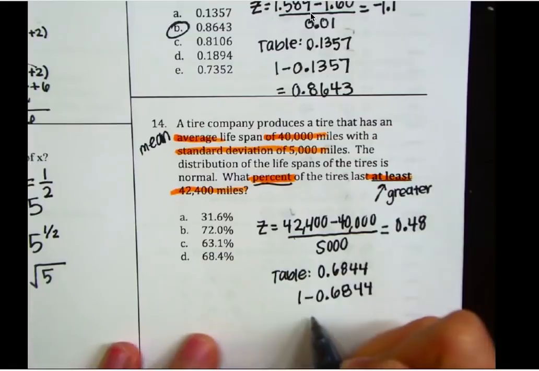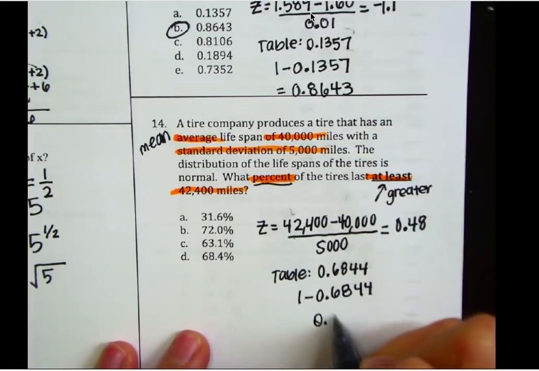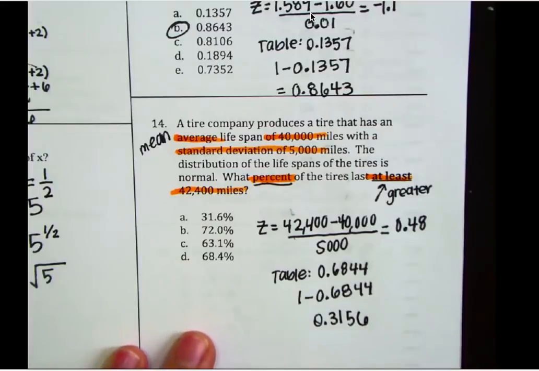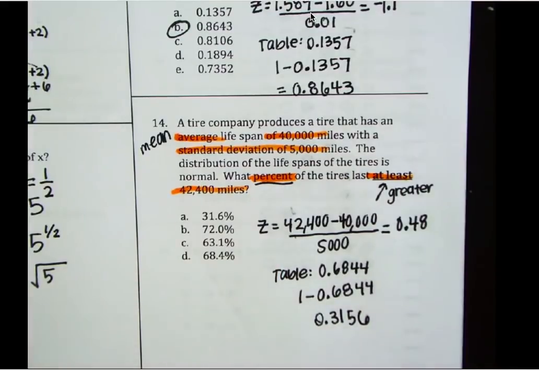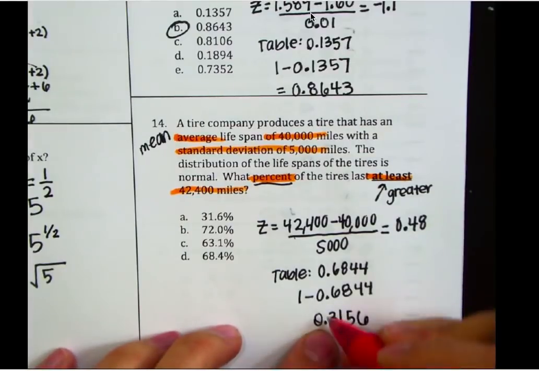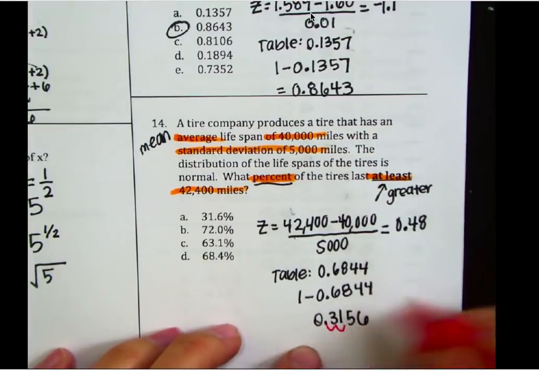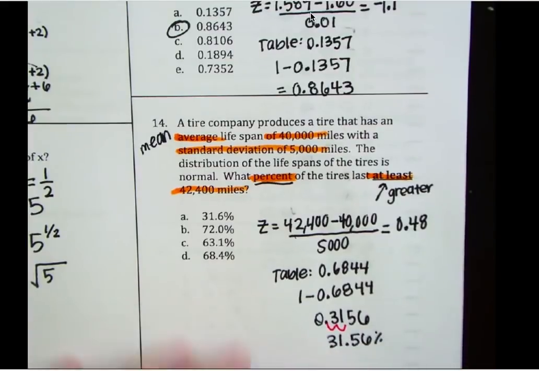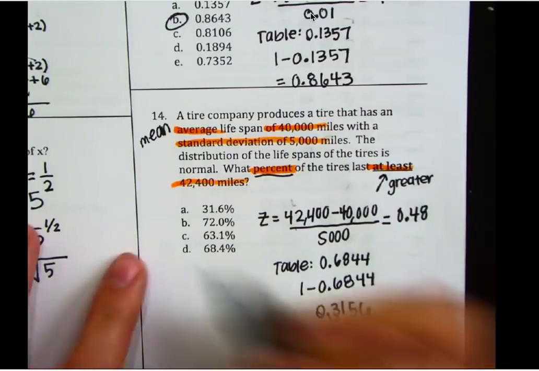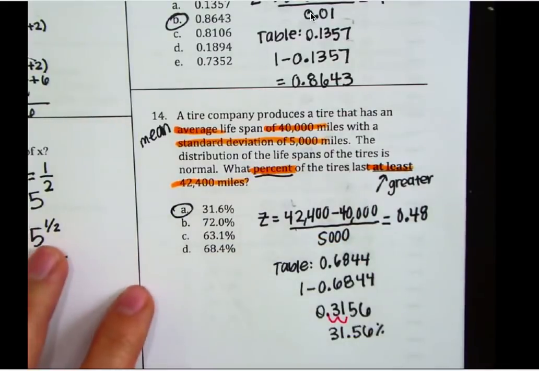So we get an answer of 0.3156. All right, so they're asking us for percent. So remember, to find percent, you just take this area or this proportion and move your decimal twice. So my answer would be 31.56%. So my answer is A.